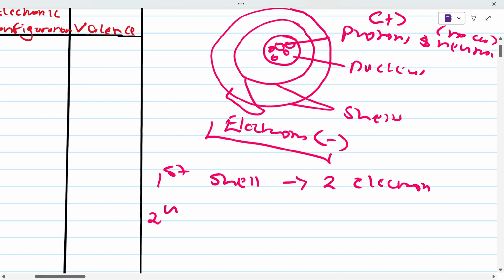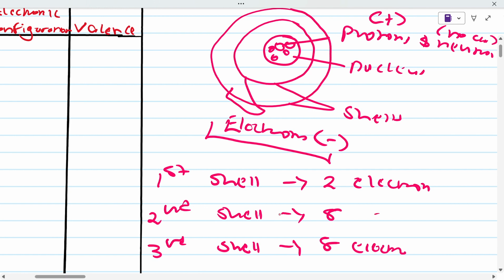The second shell has a capacity of 8 electrons, meaning the maximum number of electrons it can contain is 8. The third shell also has a capacity of 8 electrons.